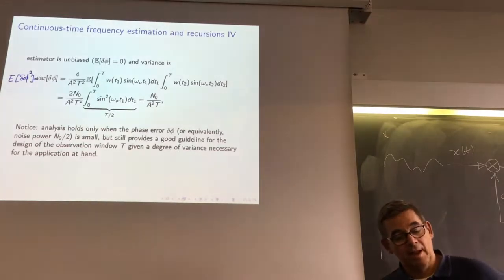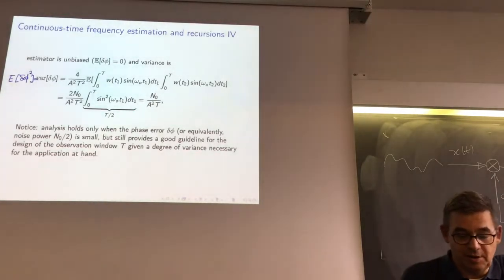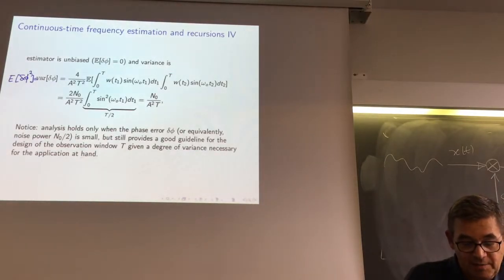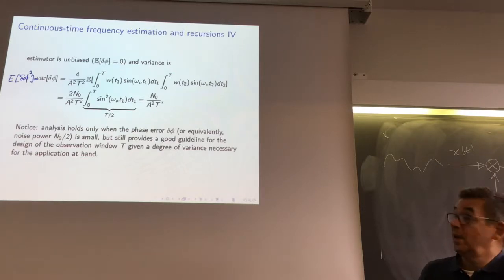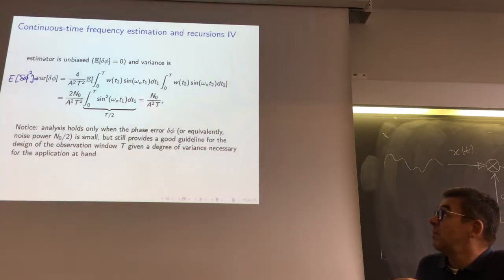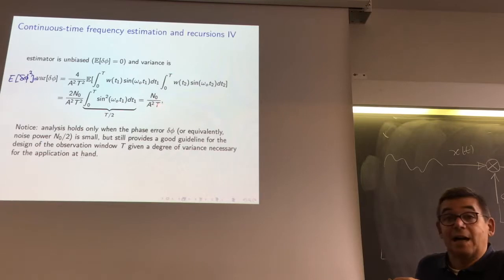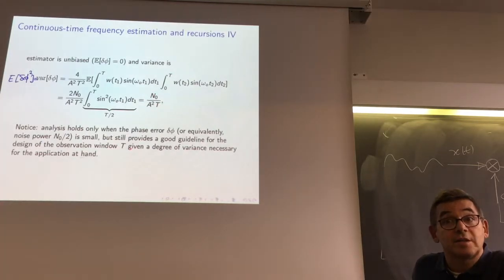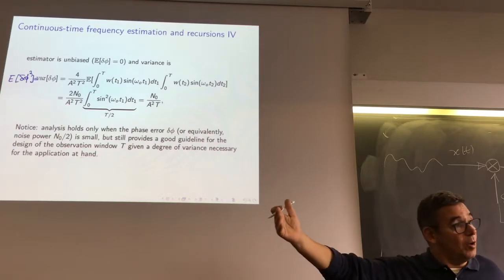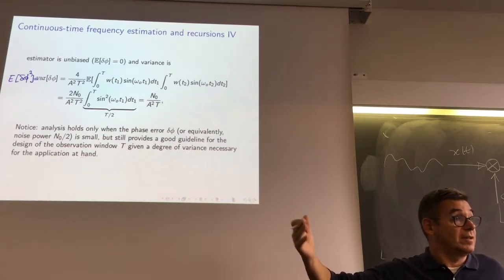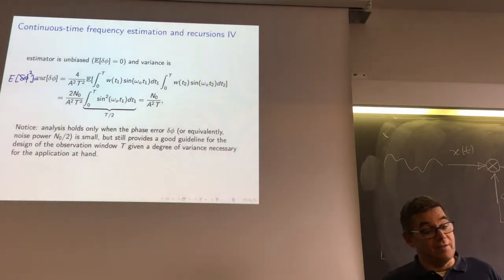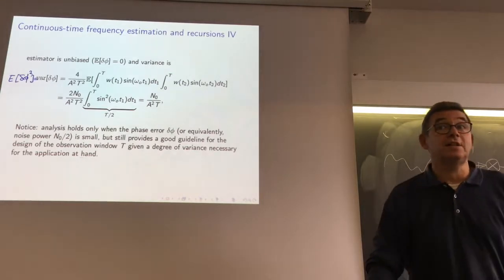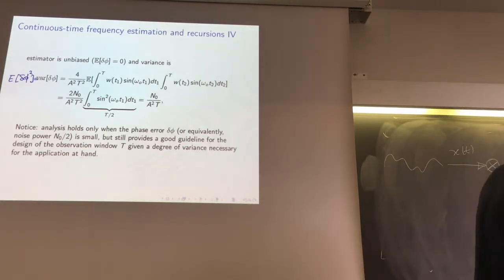Blah blah blah, and then it comes out that it depends on the inverse of the amplitude squared, A squared, and the time. So the bigger the observation time, the smaller the variance, and the better the estimate of the phase.